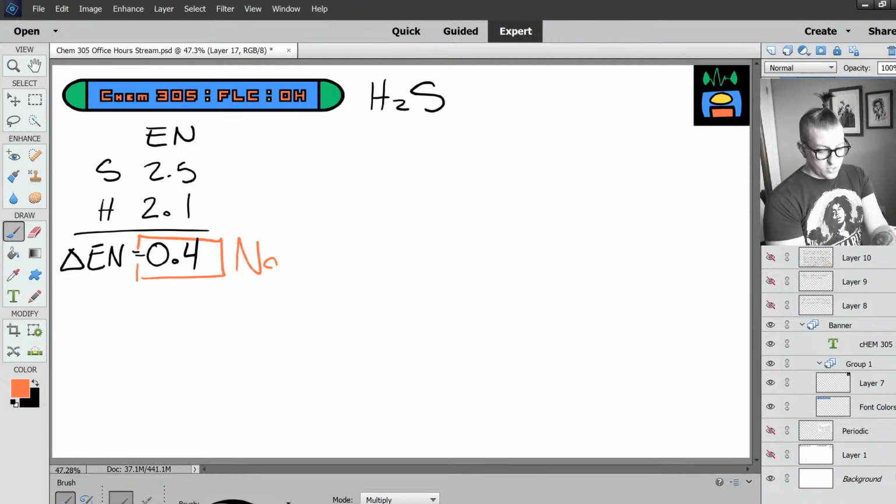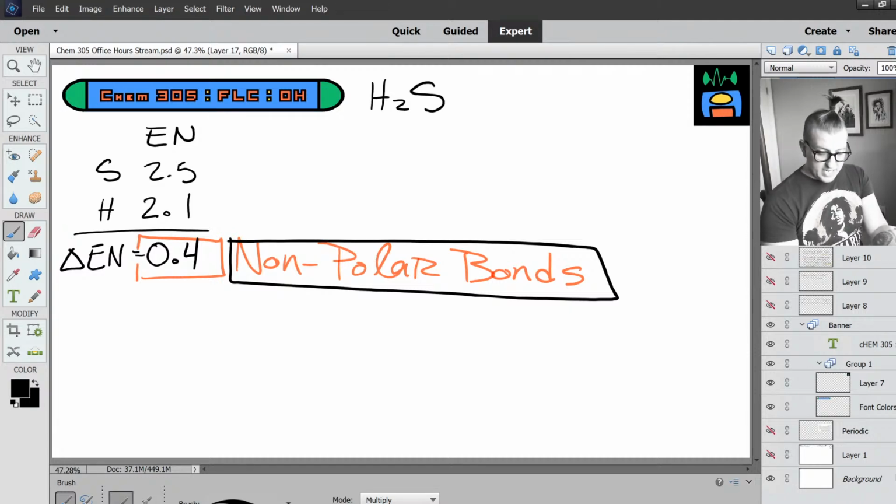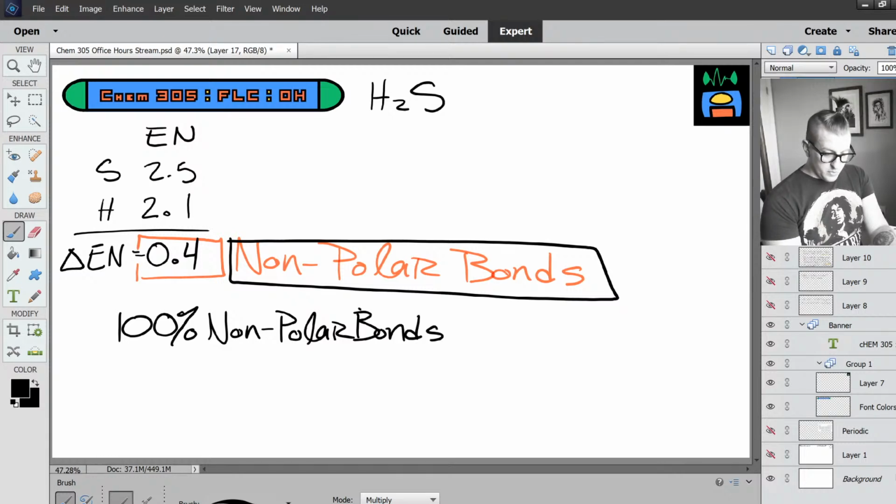That means these bonds are non-polar bonds. And anytime you have only 100% nonpolar bonds, not ponds, equals a non-polar molecule.